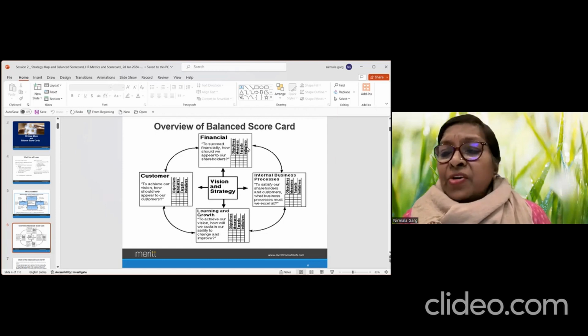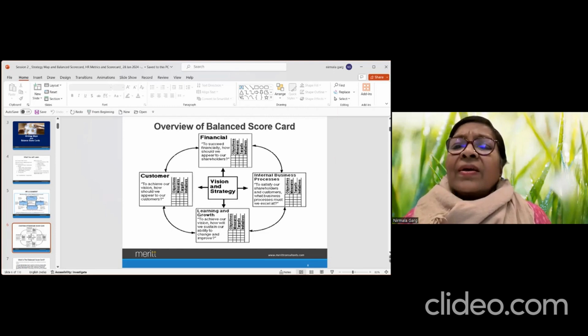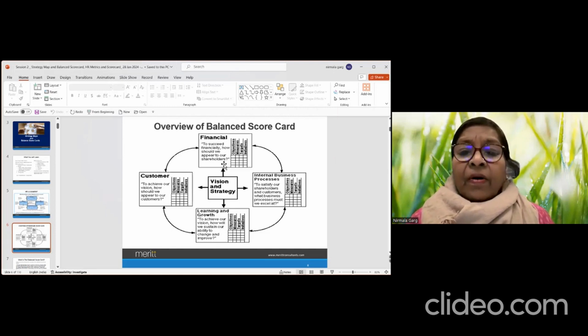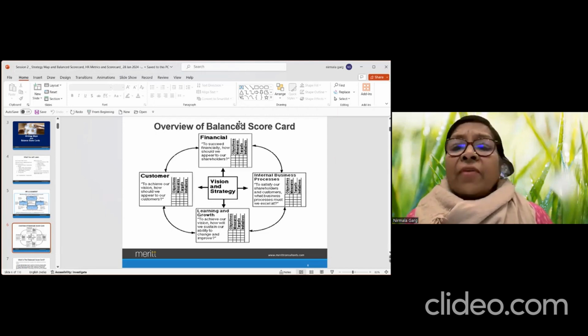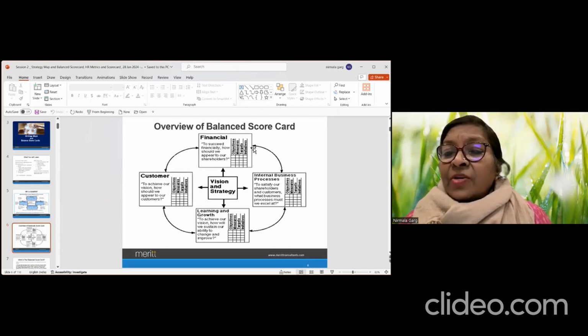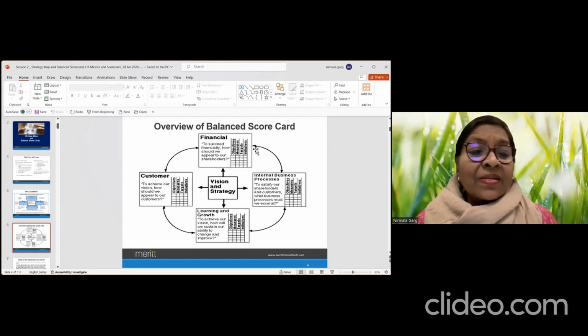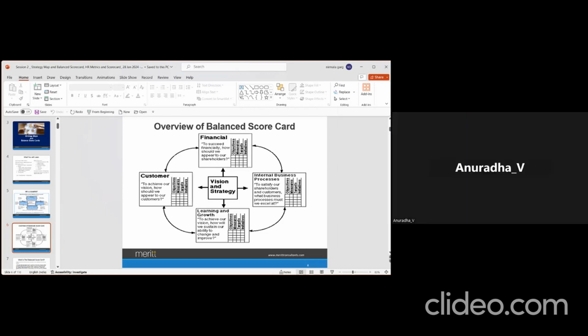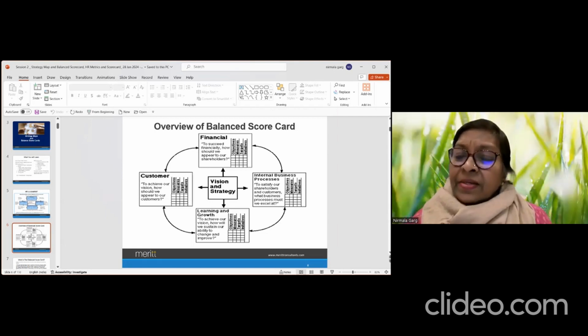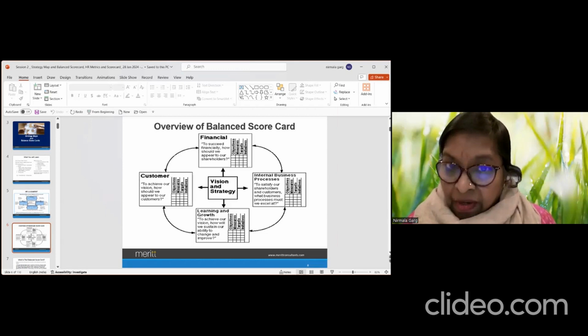How will you measure success from the financial perspective? Guys, I want some answers here. Profits, revenue, EBITDA, right? All these things, all numbers.